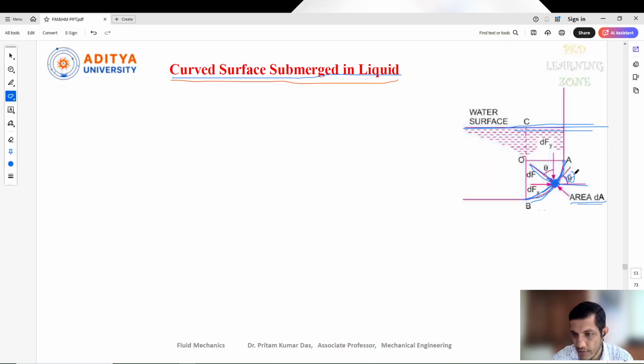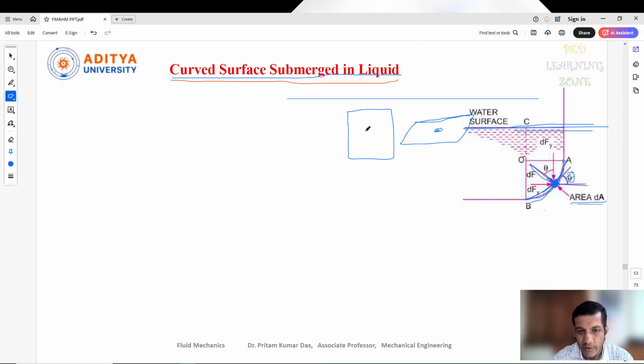These things we have previously seen when the object is vertical to the water surface, when the object is inclined, and the horizontal case. For those we found the pressure force and the center of pressure.